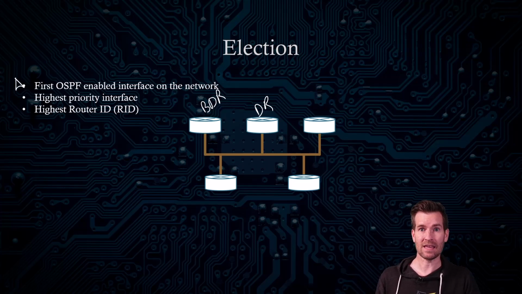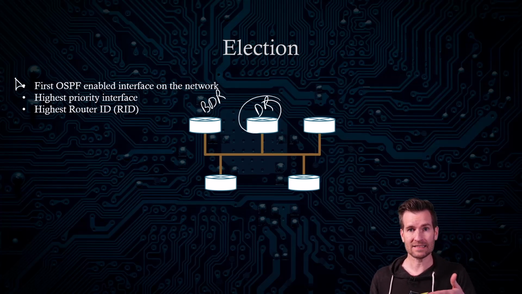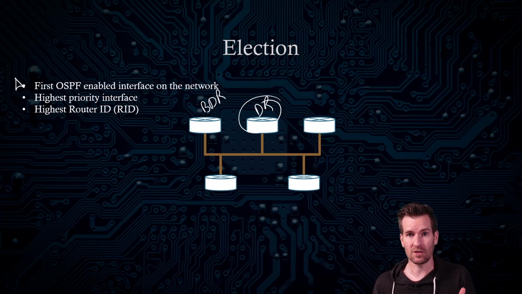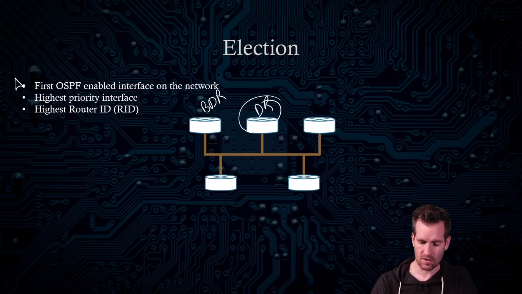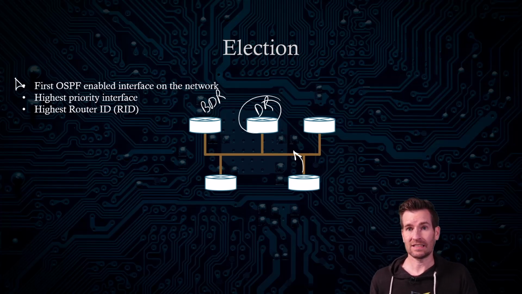If this DR gets started up and goes through this whole process before any of the other devices have OSPF turned on, then it's going to become the designated router. And as soon as these devices turn on and start communicating, they'll recognize that. So that is the first selection process.